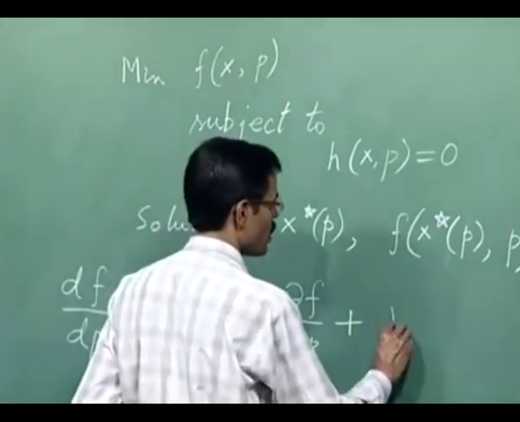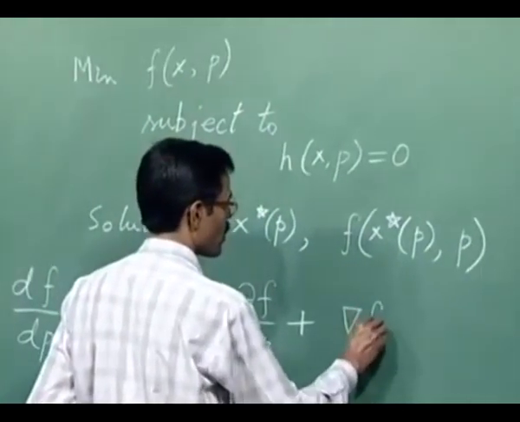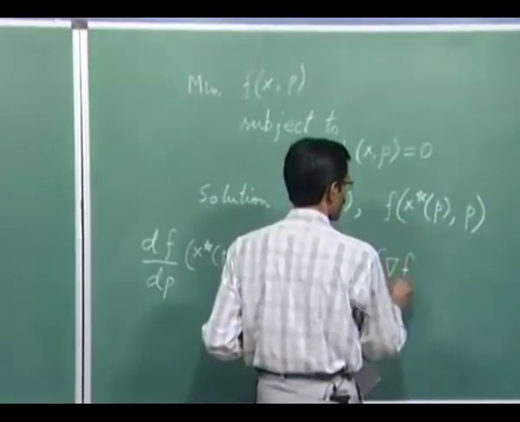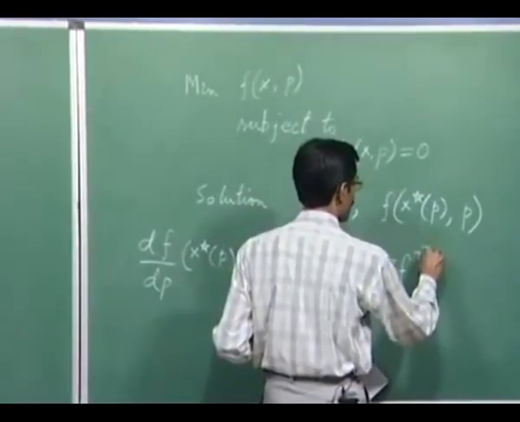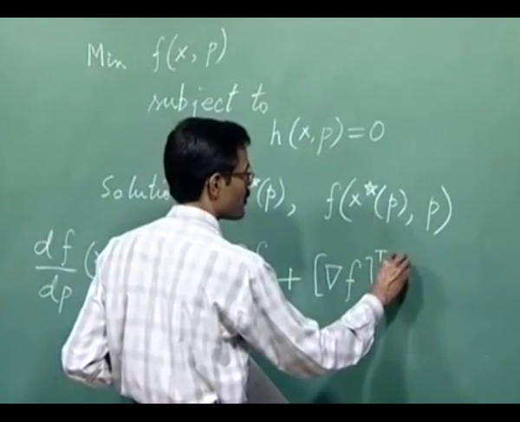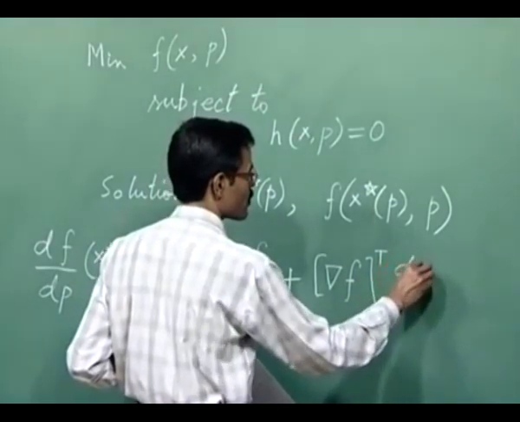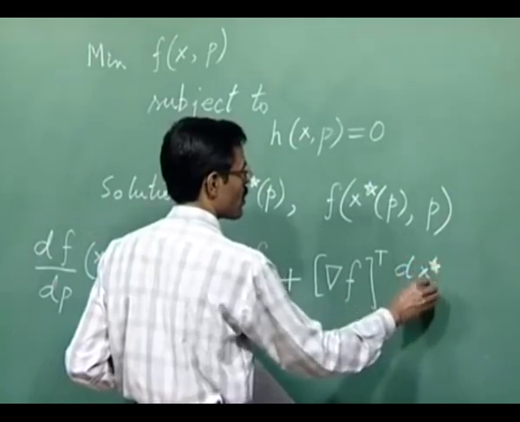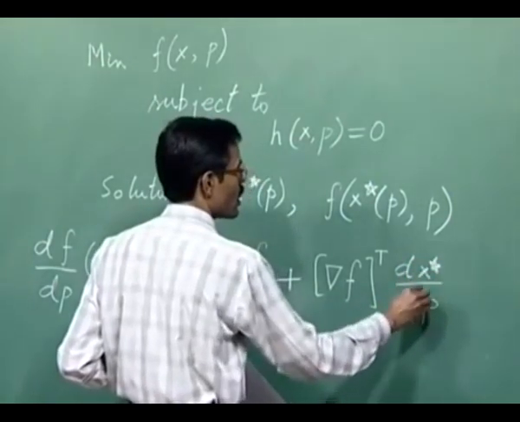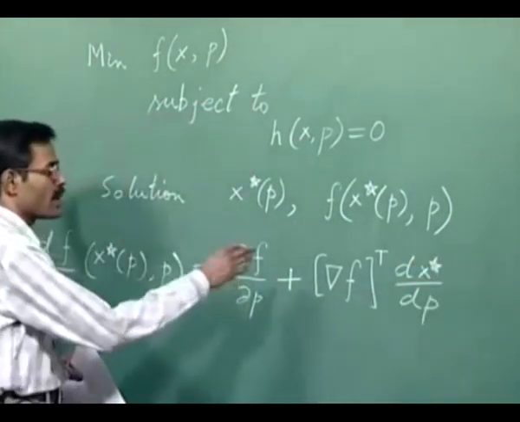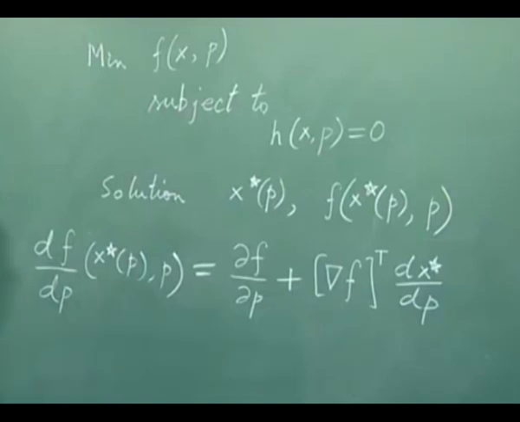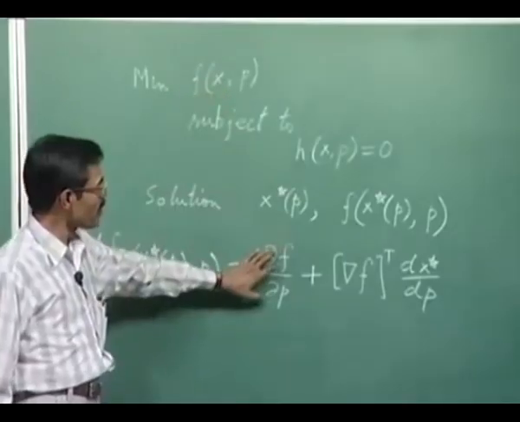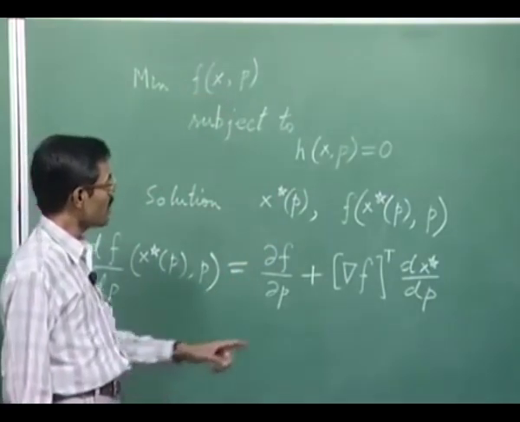So, that will be grad f, that is derivative with respect to x, multiplied with how x star itself changes with p, this, right. Now, given the function here, it would not be difficult for you to find out this, but then how to find out this?